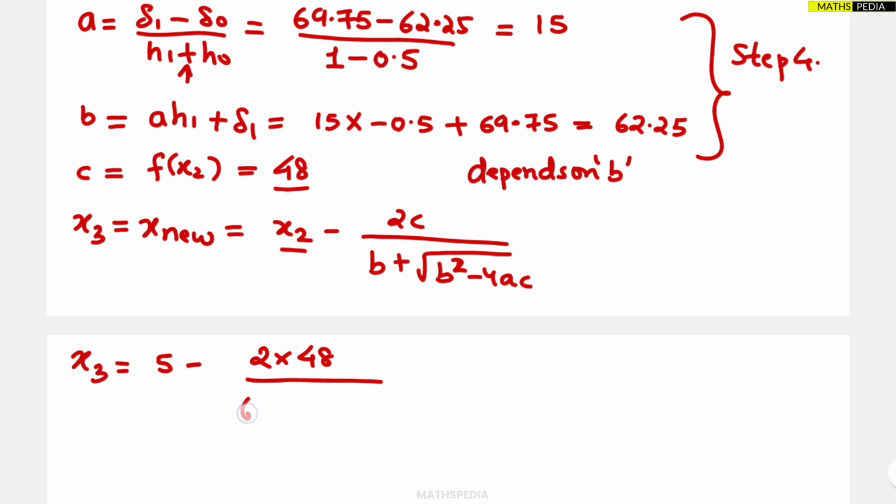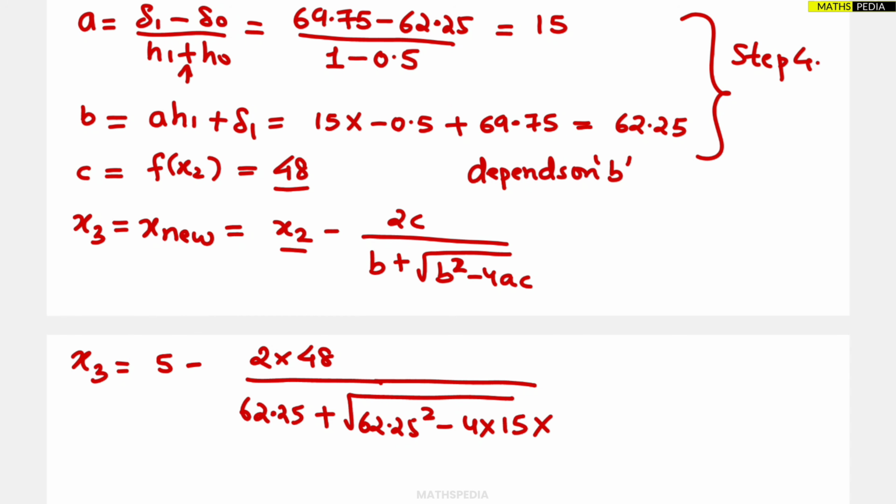B value we got as 62.25 plus square root of b square, which is 62.25 square minus 4 into a value 15, c value 48. Okay, done. This part is separate. When you do 5 minus 2 into 48 divided by this thing, you will be getting the answer as 3.975. This is the new value we have got.